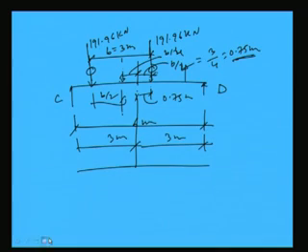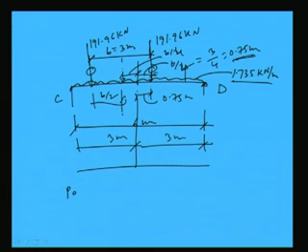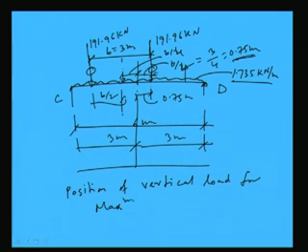So another load will come into picture like this, 1.735 kilonewton per meter, right. So this will be the position of vertical load for maximum bending moment.